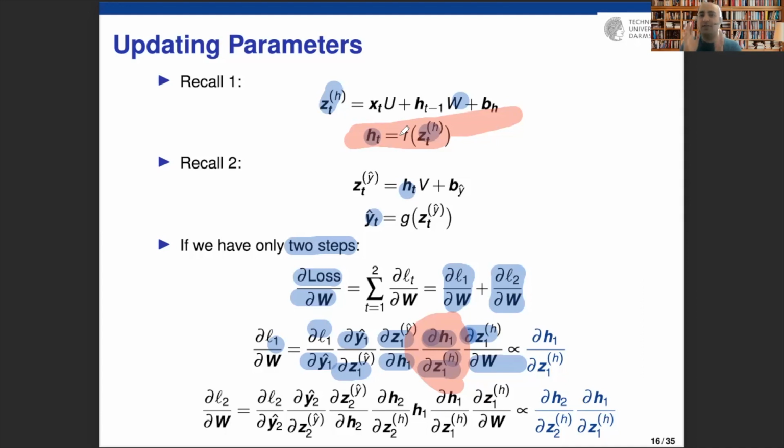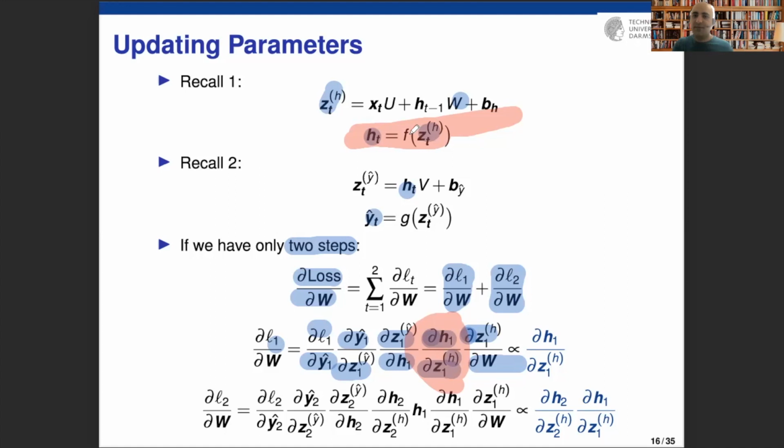So it's only the derivative of the activation function, nothing more. So we can say the derivative of L1 with respect to W is a factor of the derivative of the activation function for the hidden state. Is that correct? So let's say we forget everything about the other derivatives, and any number that we get is still a factor of the gradient of H1 with respect to Z1. Okay.